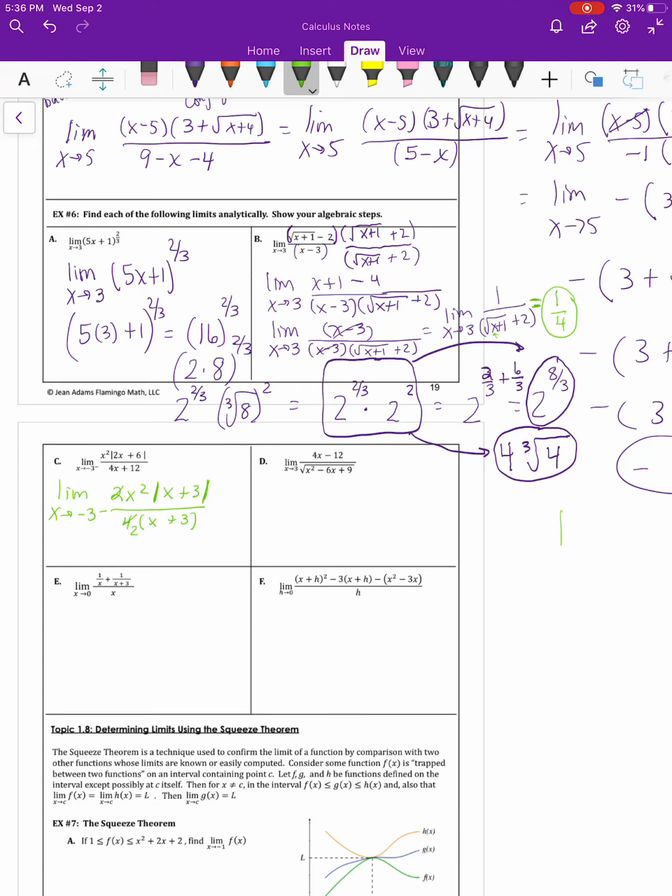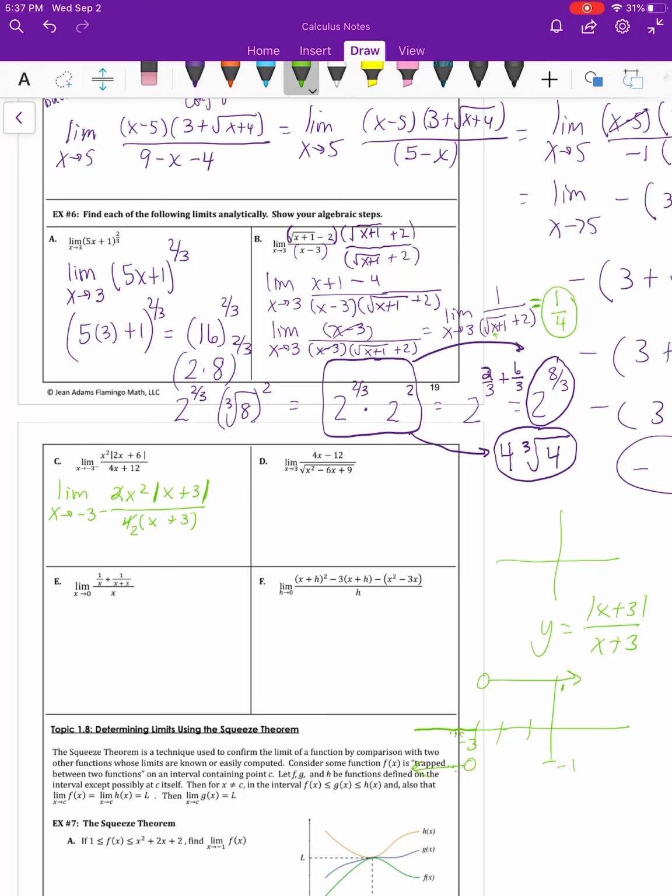Like if I was just looking at the function y equals the absolute value of x plus 3 over x plus 3, it's going to split at -3. So it's going to be negative going this way and +1 going this way, right? So it's going to be 1 and -1. Those are going to be the two things, and it's going to split at x equals -3.